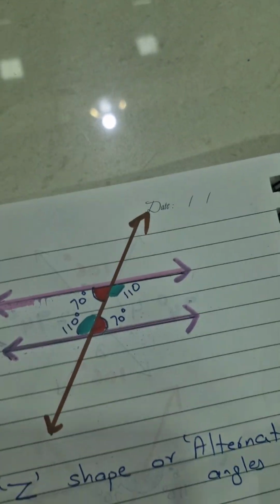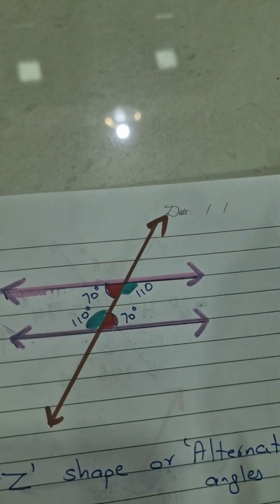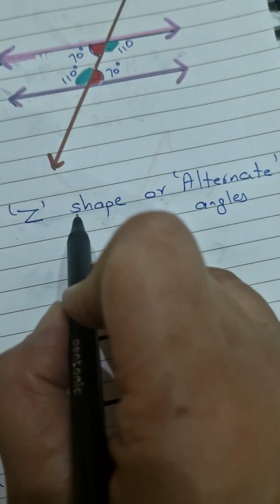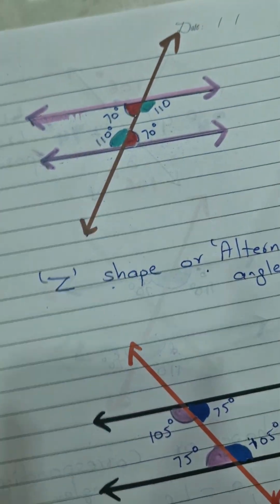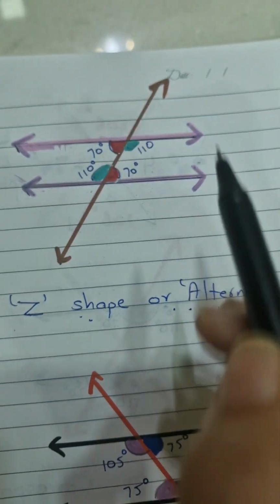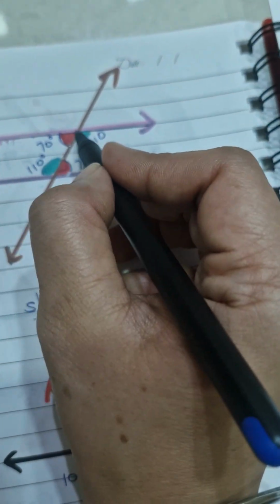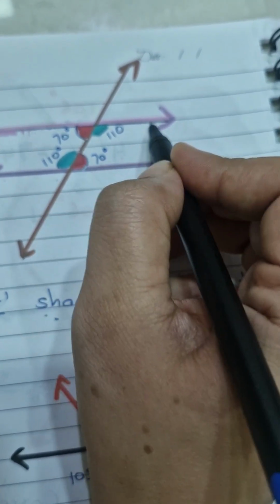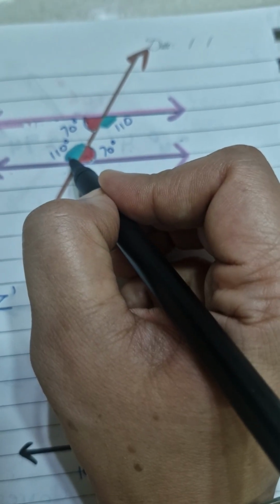Okay, now the second type of angle which we are learning here is what? Alternate angles, or we can say Z-shape angles. Alternate angles means, you see the Z shape is coming here. So this angle is equal to this, and this angle is equal to this.